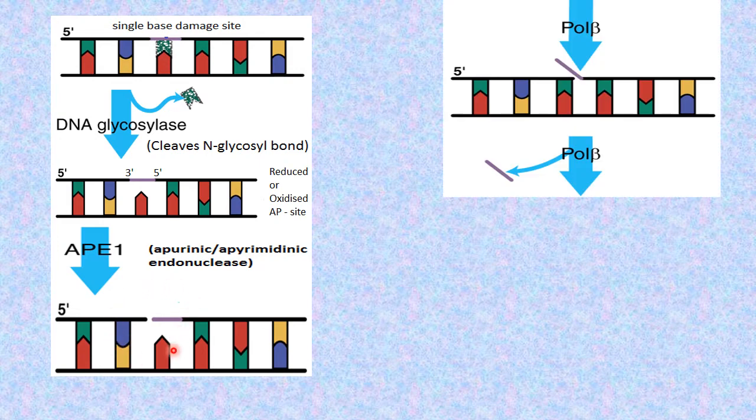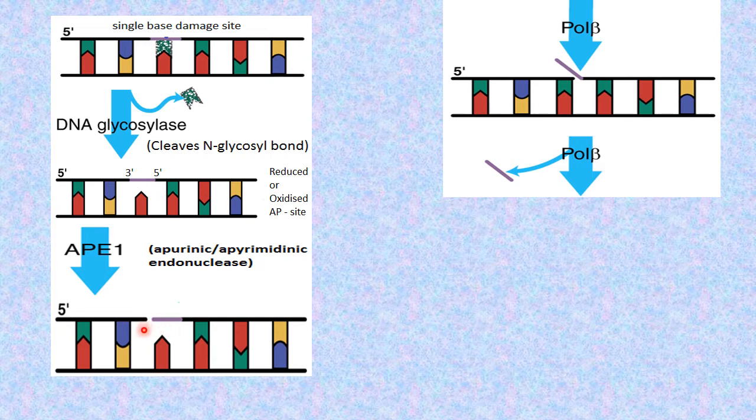Now this nick has a free hydroxyl group at the 3' carbon of the nucleotide present over here. And we know that DNA polymerase, the enzyme responsible for adding a nucleotide to a growing DNA strand, needs a free hydroxyl group. That is the primary requisite of a DNA polymerase enzyme.